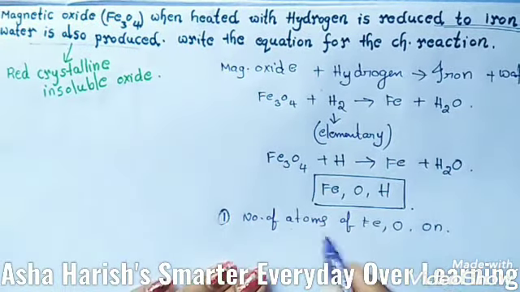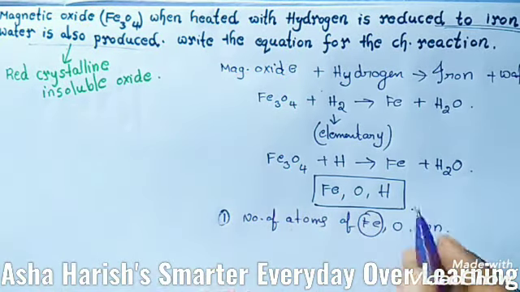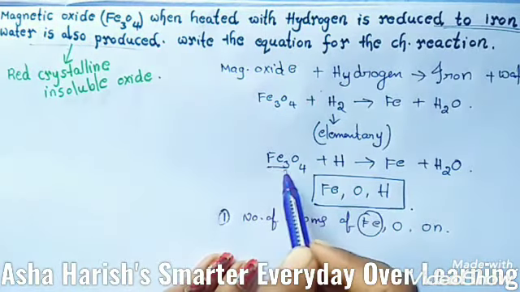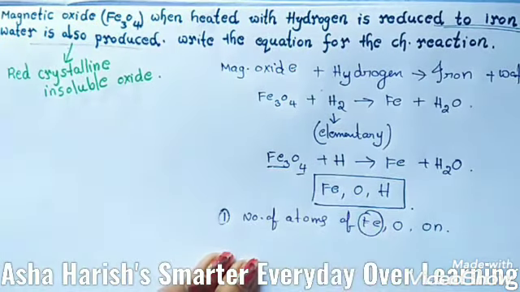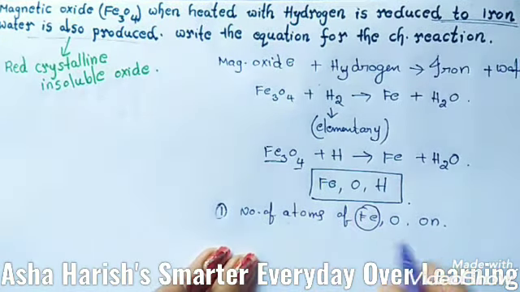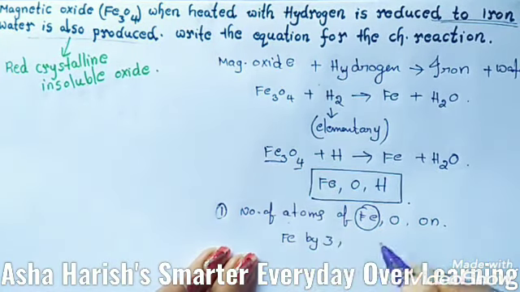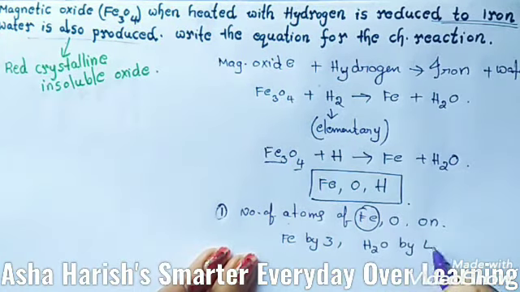Just multiply iron with 3 and H2O by 4. Why? Because here there are 3 atoms of iron and here only 1. Here oxygen means 4 atoms, so you need to multiply Fe by 3 and H2O by 4.